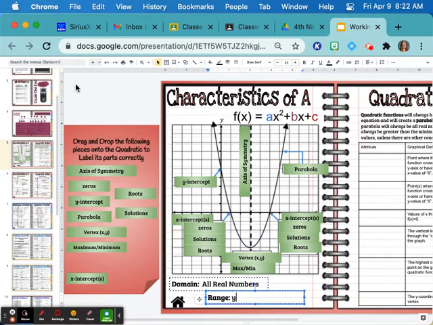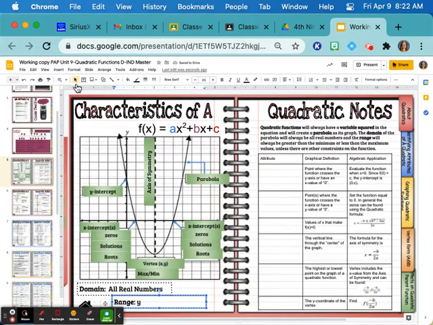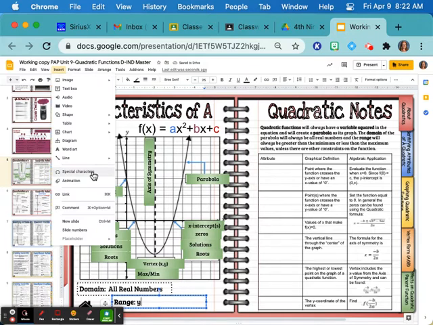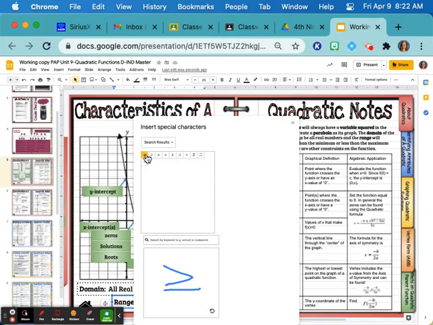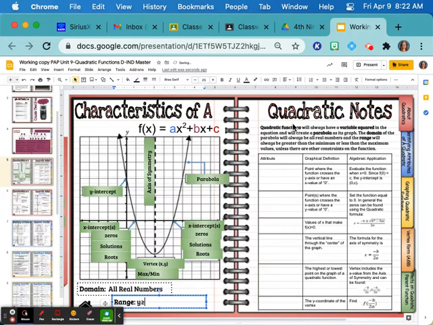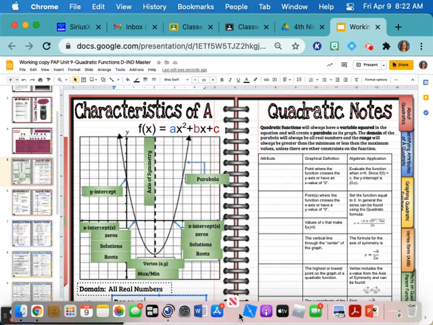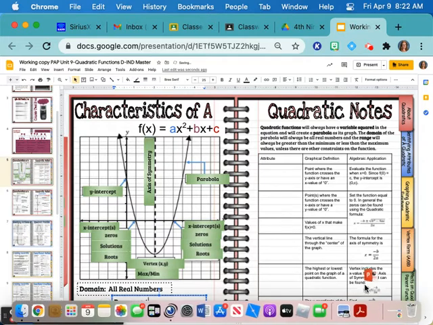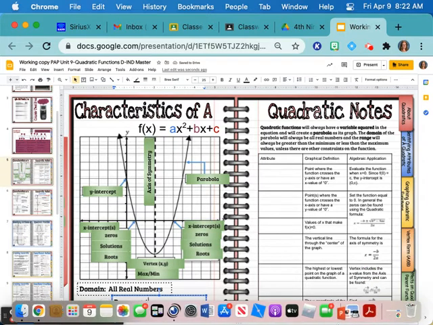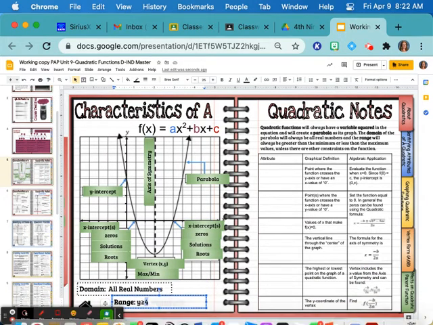How do we do that symbol? Insert. You just underline. Yeah, we could underline it. Greater than or equal to, what did we say? -4. Okay. Oh, yep. My bad. Good catch.